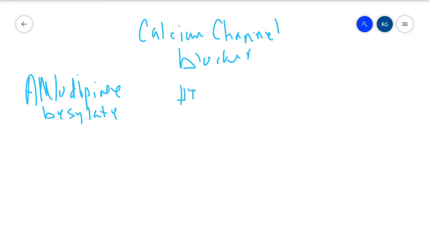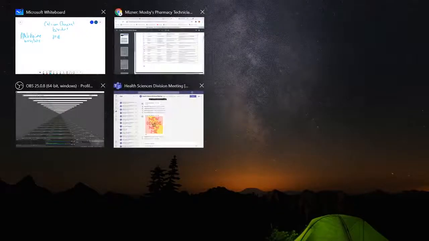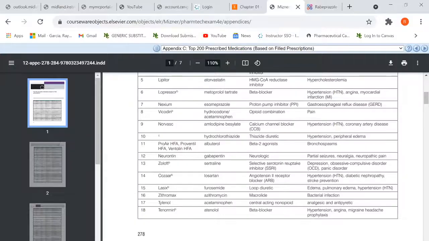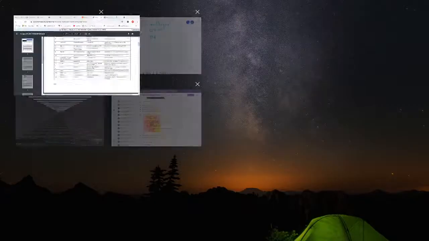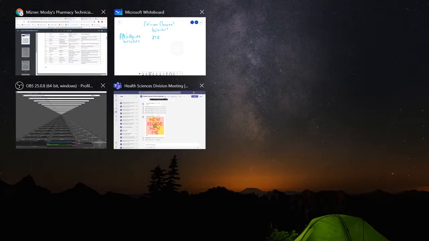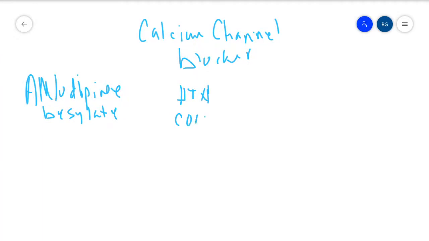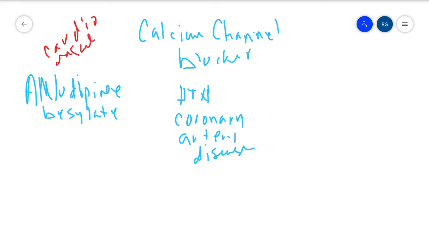It's for hypertension, coronary artery disease. Again, this is cardiovascular system.